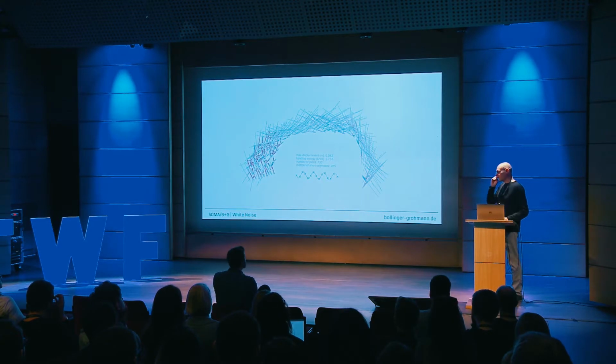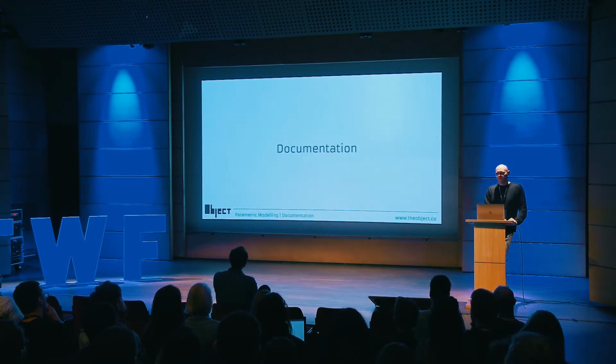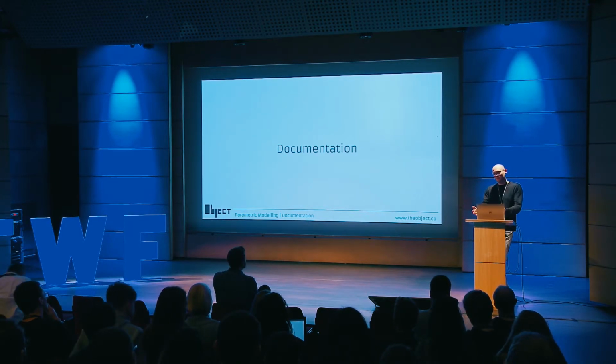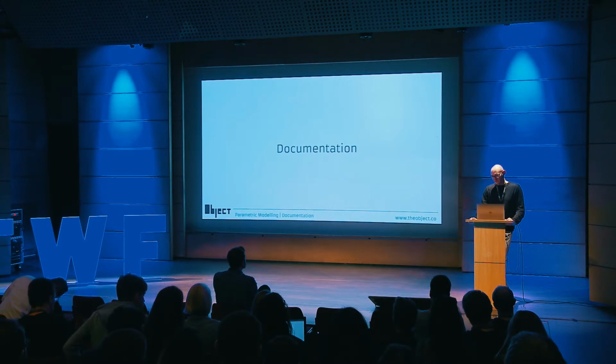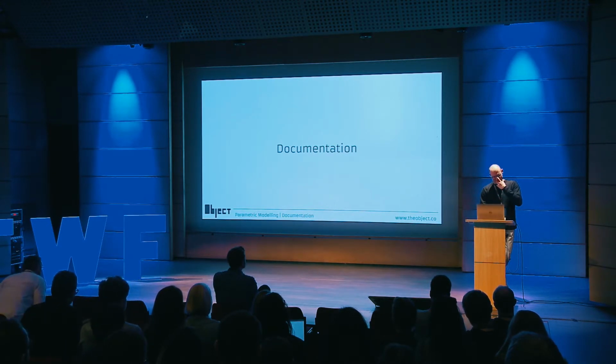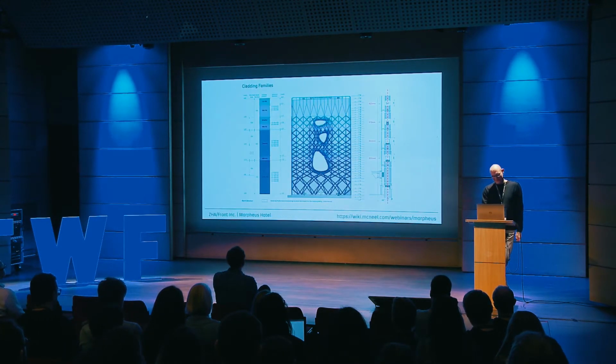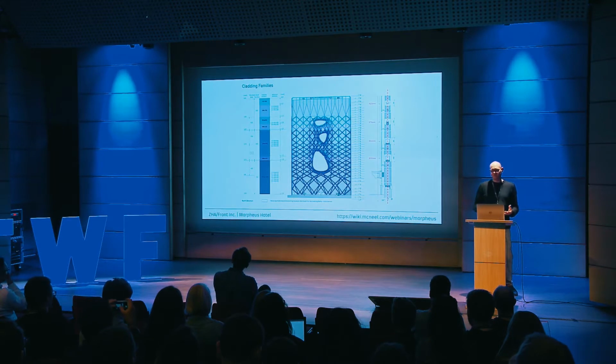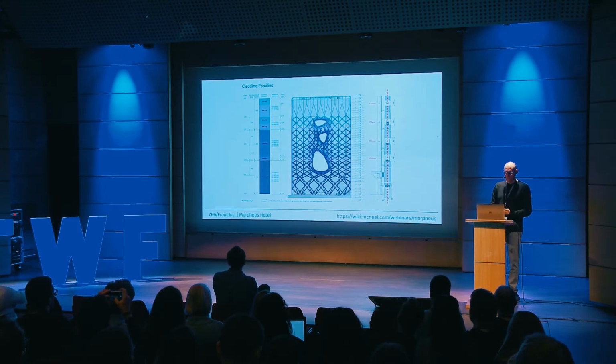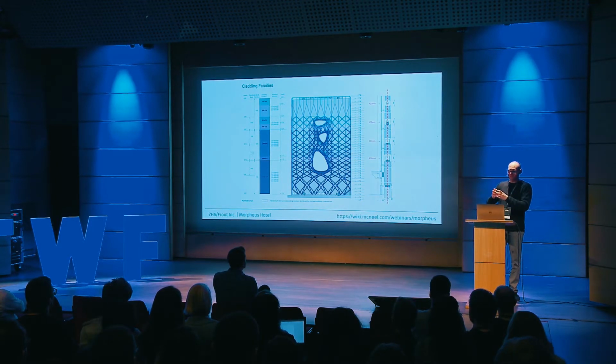So once we know that the thing will not collapse, hopefully, we can go to the documentation part, right? Before building something, you always need to print it on paper, or maybe have a 3D model on the iPad, or any other tablet. And yeah, so once you have a parametric and digital representation of the geometry that you want to build, you can start playing around with evaluating simple components which actually constitute the geometry.